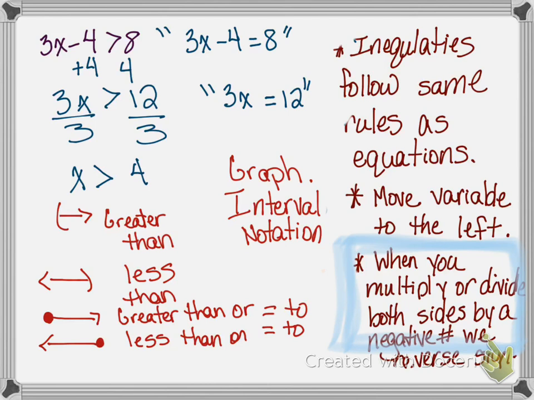Now, I need something to replace the closed circle. Does anybody know what that is? It's a bracket. Good. Your bracket replaces the closed circle. So when I have a bracket, that means the number is included. When I've got the parenthesis, the number is not included.